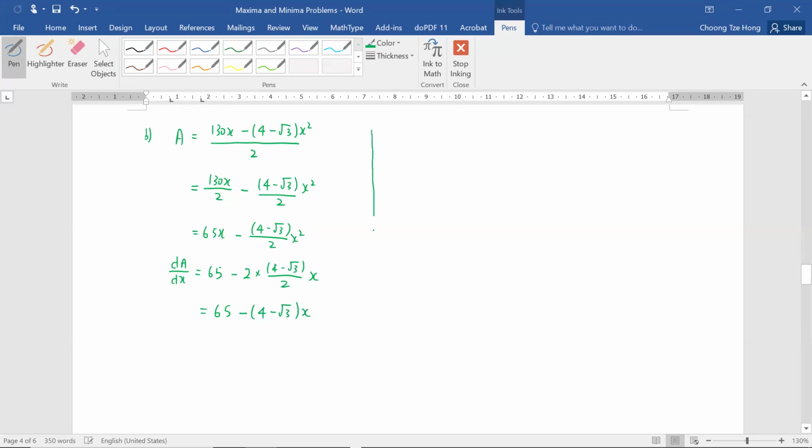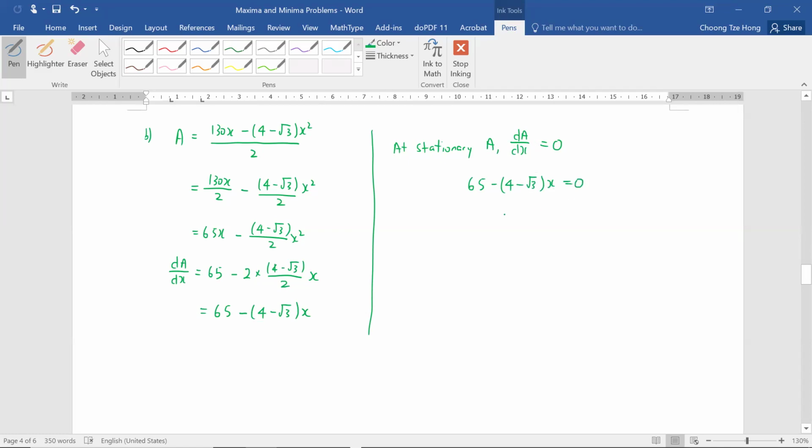Then let's continue. At the stationary value of A, dA over dx is equal to 0. So we will have 65 minus 4 minus root 3 x equals 0.